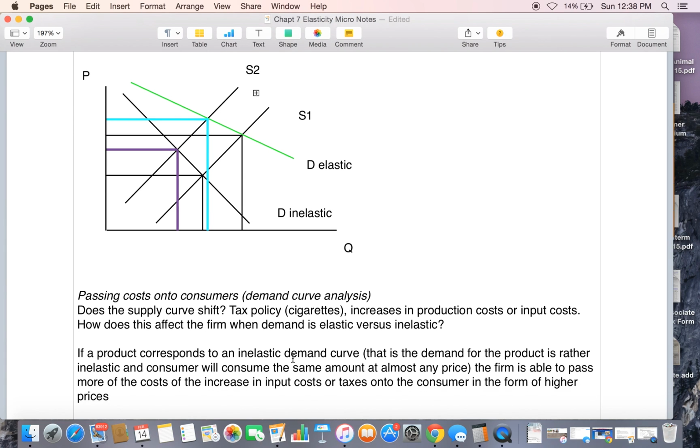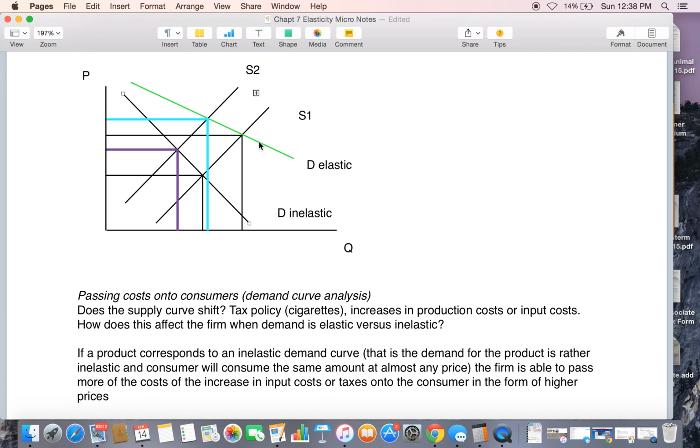okay, so if we have a more inelastic demand curve, as represented by this line here, then we would see that the firm is able to pass on more of the costs of the increase in production costs or the taxes put on their product from the supply side onto the consumer, because the consumer is not going to substitute away from their product into something else. They're still going to consume a lot of it.